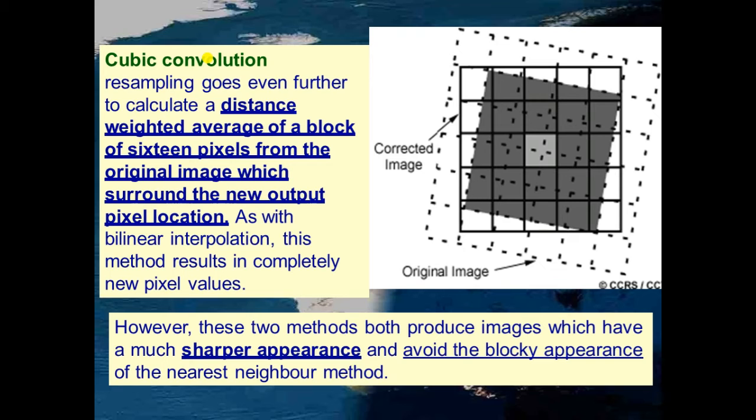However, these two methods both produce images which have a much sharper appearance and avoid the blocky appearance of the nearest neighbor method. So most of the time, when rendering a picture in our software, we use the cubic convolution method. That gives the actual and real image appearance.